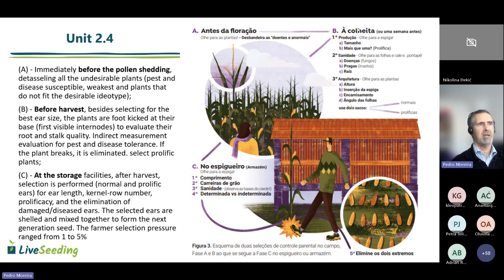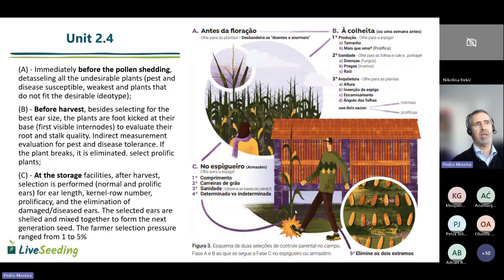This is when we are doing the harvest. And when we are doing the harvest, we need to know also a very important thing that is very easy, but has implicit some very crucial information. When you look at the plant and you like the ear and you almost do all this, at the end, you give a kick to the plant.